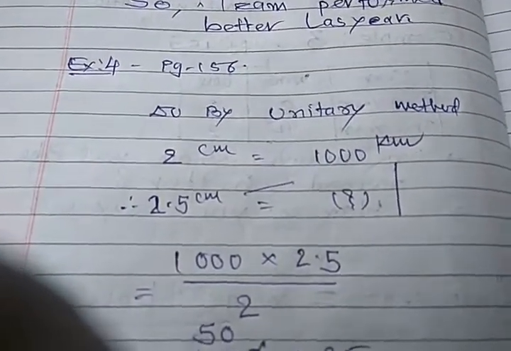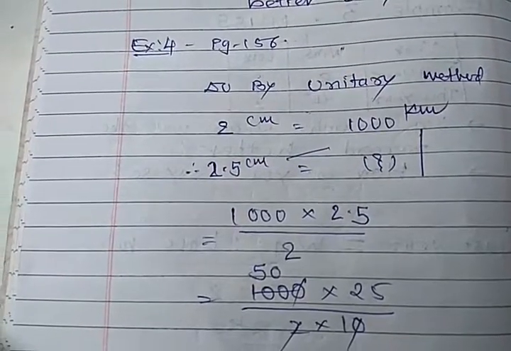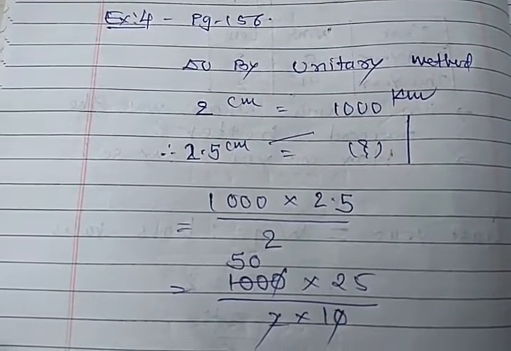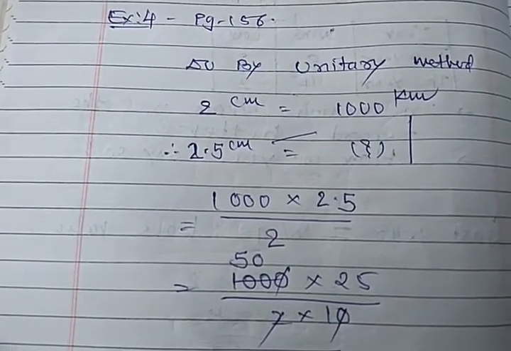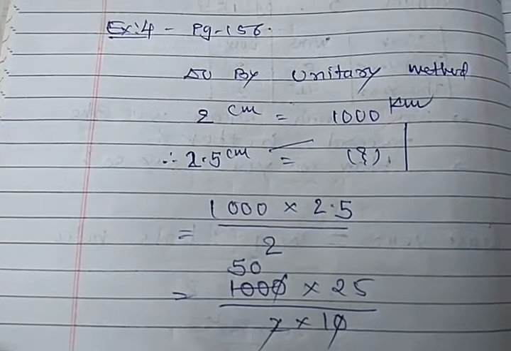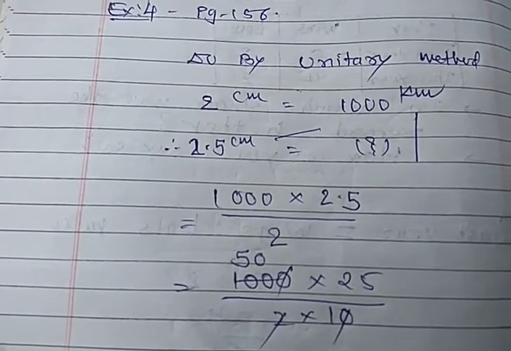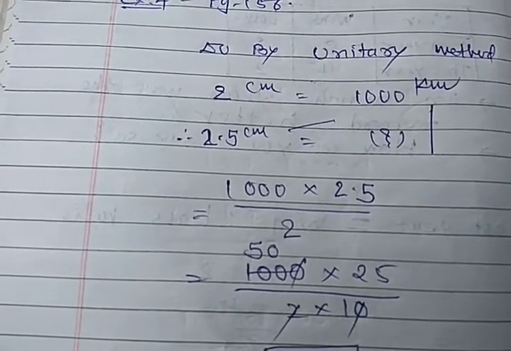Example number 4. Okay students, in example number 4, see in the textbook, a map is given with a scale of 2 centimeter equal to 1000 kilometer. So what is the actual distance between two places in kilometer if the distance on the map is 2.5 centimeter?